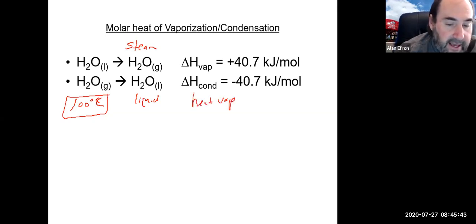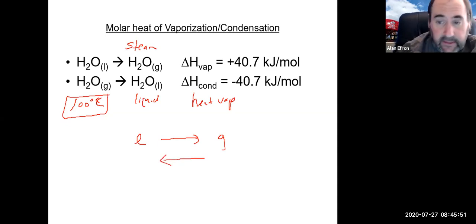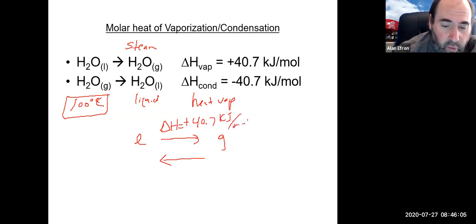And as I mentioned, it is the same value no matter which way you're going. The only difference is really the sign. So as we talked about here, going from liquid to gas, it's an endothermic process. So the delta H value would be positive 40.7 kilojoules per mole, which is roughly about 2260 joules per gram, give or take.